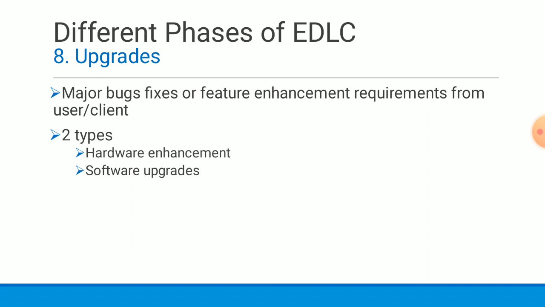And certain feature enhancements and bug fixes require hardware modification, and this hardware modification is sometimes followed by some software or firmware modification also. Okay, so two types of upgradation: we can upgrade the hardware or we can upgrade the software in order to fix a major bug or for feature enhancement.